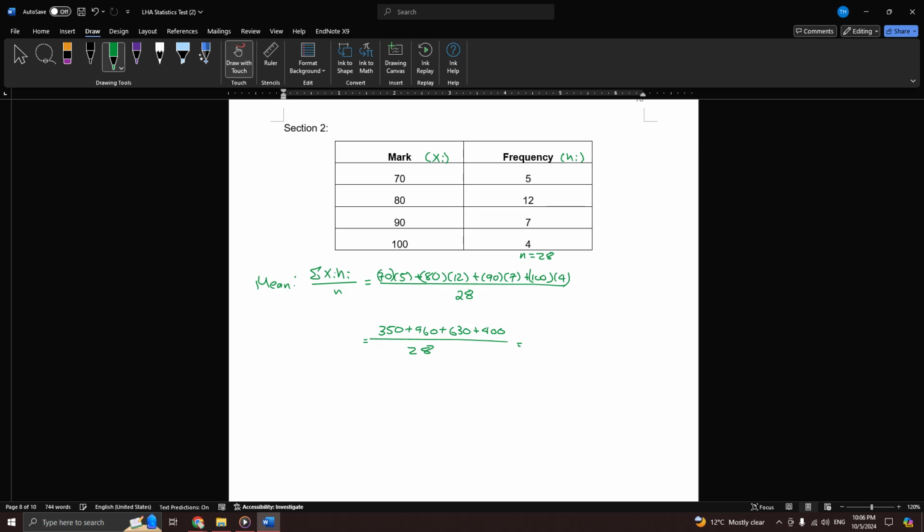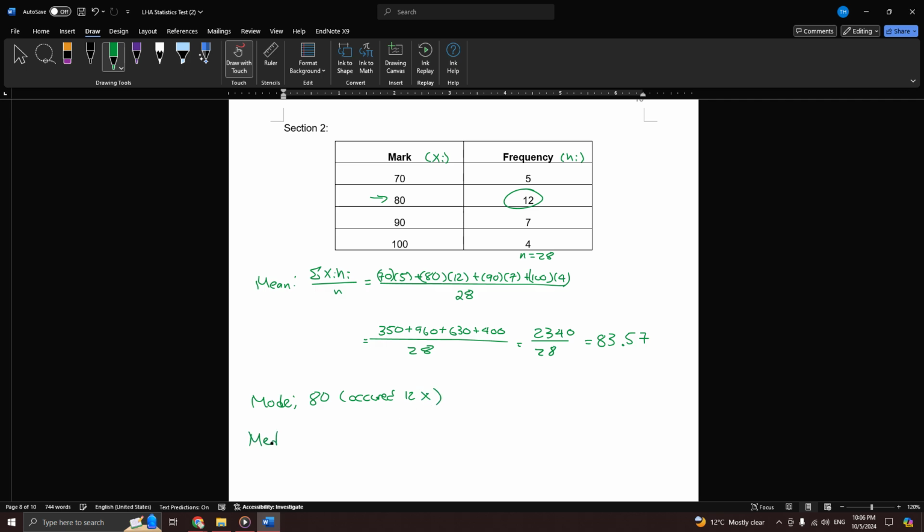That is 2,340 divided by 28. That's going to be 83.57. Okay. Mode. Which mark has the highest frequency? That's going to be 80, right? It occurred 12 times.